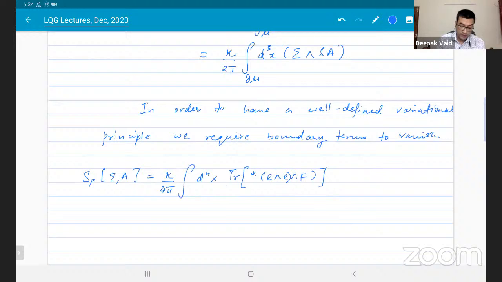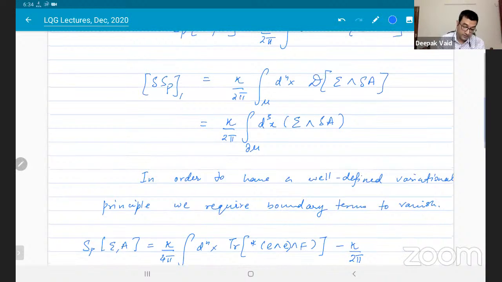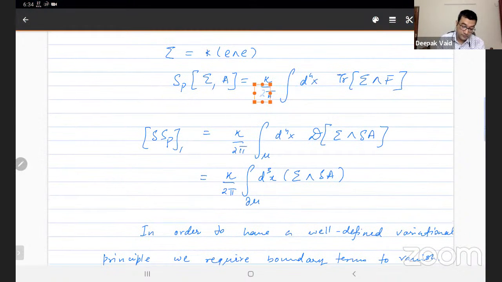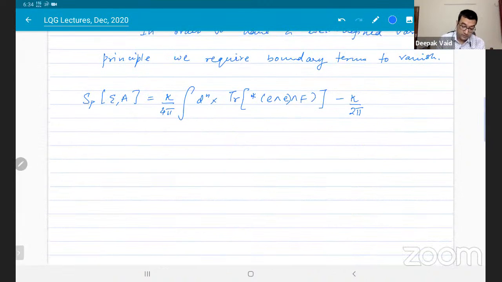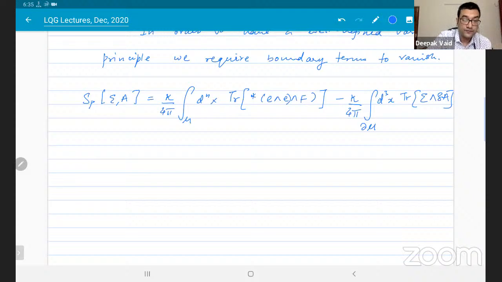That boundary counter term will be the negative of that variational term: the integral over the boundary of M, d cubed x, trace of sigma wedge delta A.